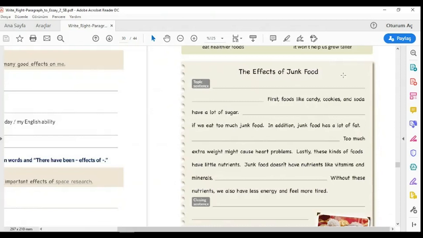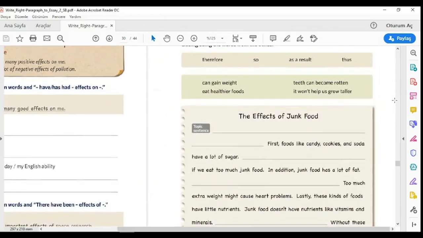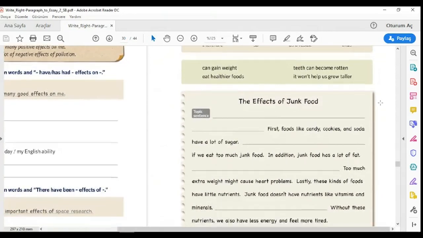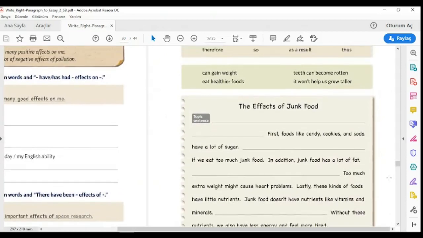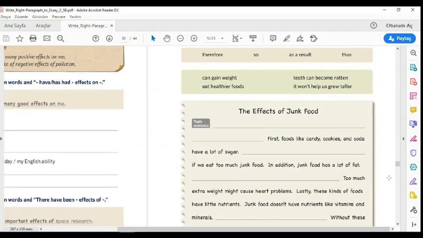Think about it. Would it be positive effects or negative effects? And then write your own possible topic sentence after you have gone through the notes of the previous lesson. And then use these boxes to complete the gaps here, here, here, and there. Okay. Now, I will allow you time to write down from the first box and the second box.